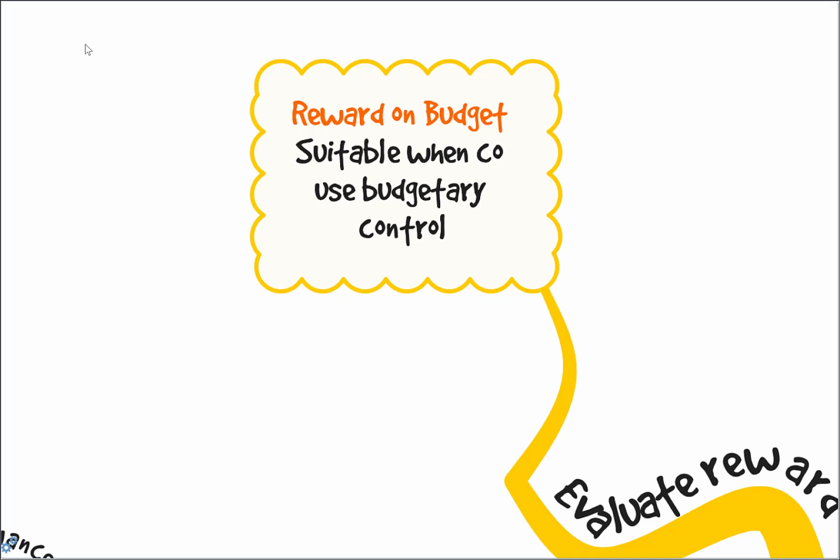If the question states that the organization rewards its manager when they achieve the budget, quickly look at the question: is this company using budgetary control? If they are not using budgetary control, why have a reward on budget?